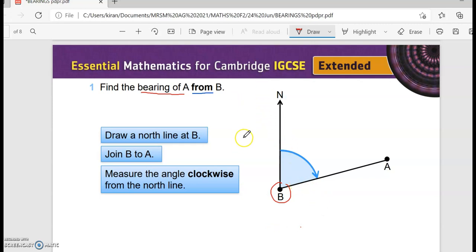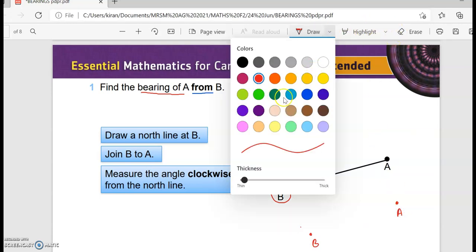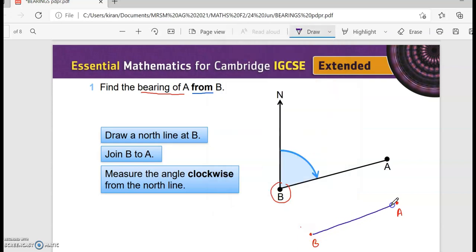Cara pertama, first method is, bila ada satu point dengan point yang kita nak cari macam ni, B dengan A, kita draw dulu line tu. Line between these two points, point A and point B. And then we draw a north line at B. North line tu, awak anggapkan macam mana pun macam ni akan jadi north lah. You dah belajar dalam geografi.